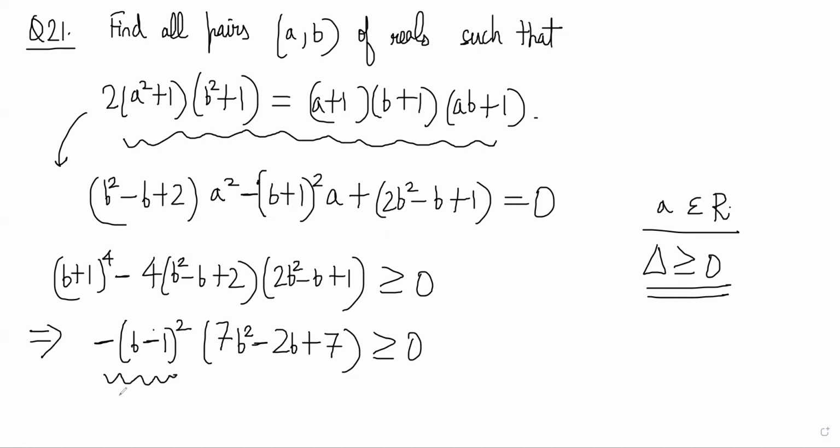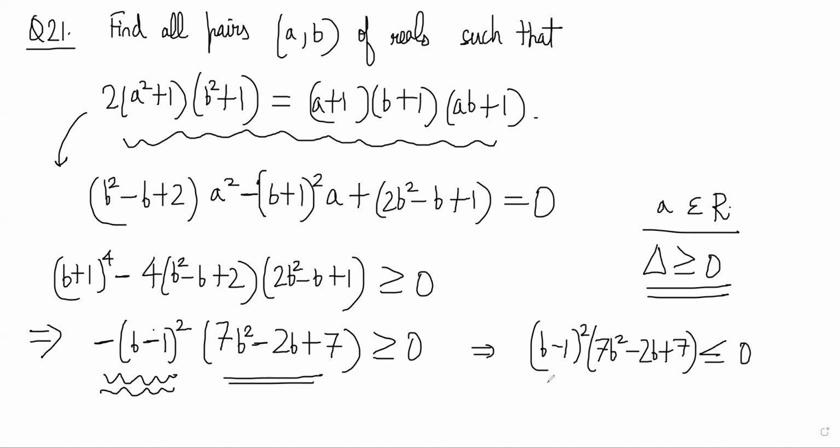Now this part is always less than or equal to 0, so this has to be also negative. If you put the minus sign on the other side, you get (b minus 1) whole square times (7b square minus 2b plus 7) is less than or equal to 0. So basically we need this part to be less than or equal to 0.